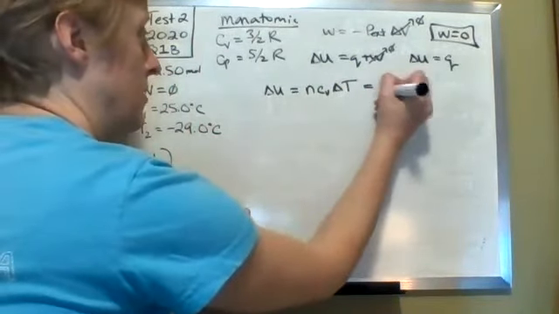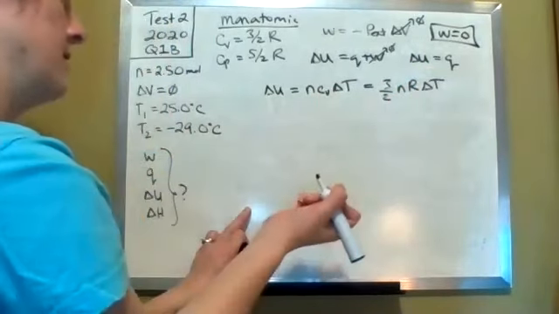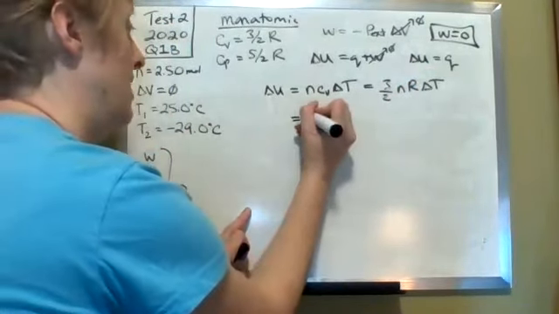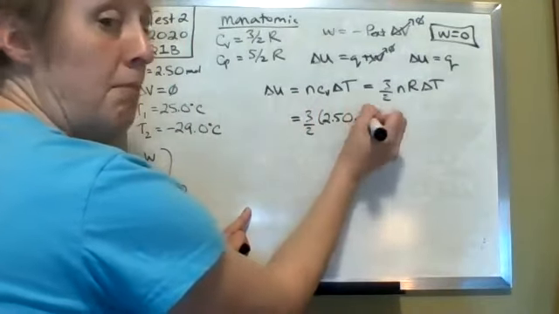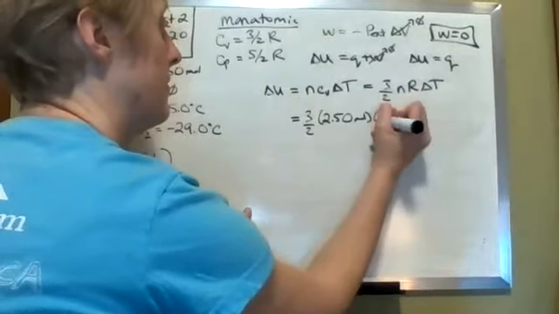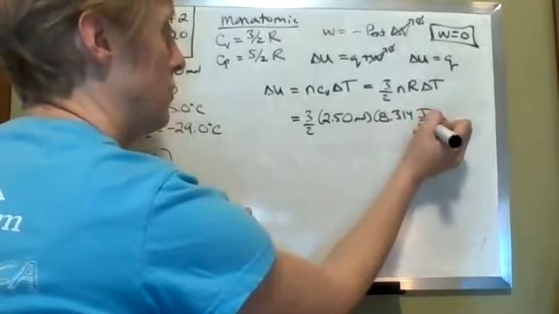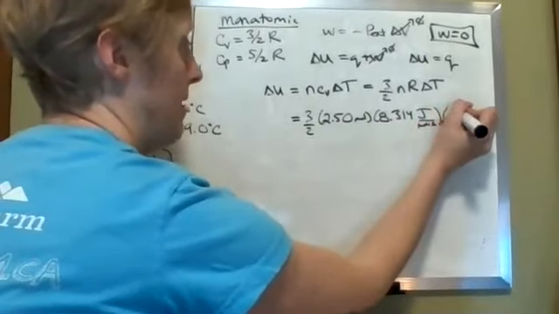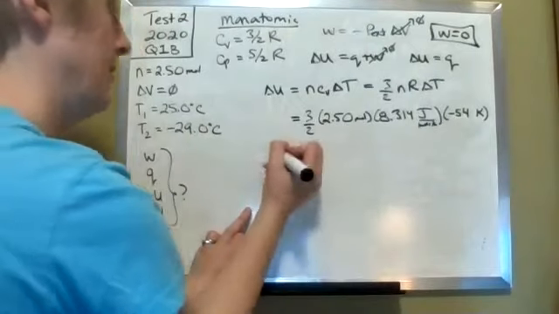This will be equal to 3/2 n R delta T. And if you plug everything into there, so 2.5 moles, and 8.314 joules per mole Kelvin, and if you do the math on the delta T, it's minus 54 Kelvin.